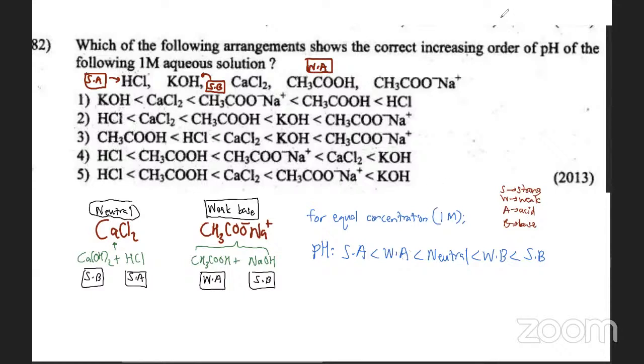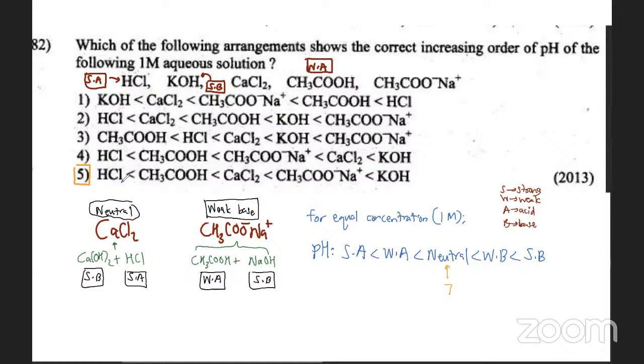Fifth looks fine to me. Fifth, right, people? Look at the fifth answer. Normally for neutral it's exactly 7. And for the strong acid, for HCl, what is going to be the pH? If the concentration is 1M, the H3O+ concentration is 1, so the pH is 0.